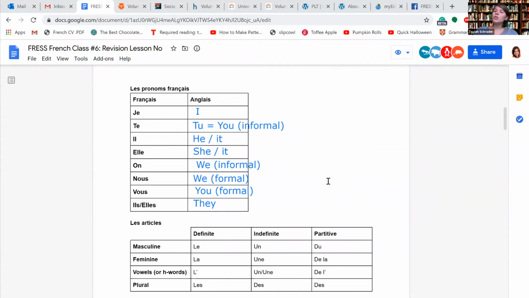So you will notice that a lot of the time, particularly with the nous, vous, ils, and elles, I'm not pronouncing that last letter. The S is silent on nous, vous, ils, and elles. You won't hear it. It's just a pronunciation thing. It's just the way in which French functions.